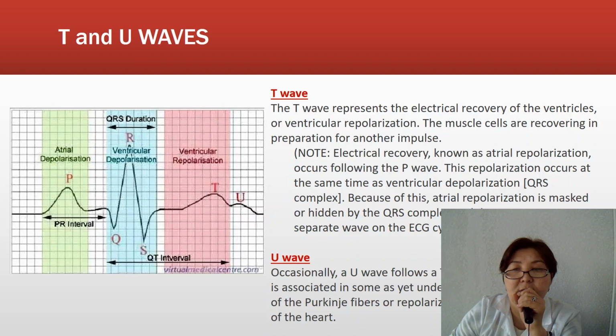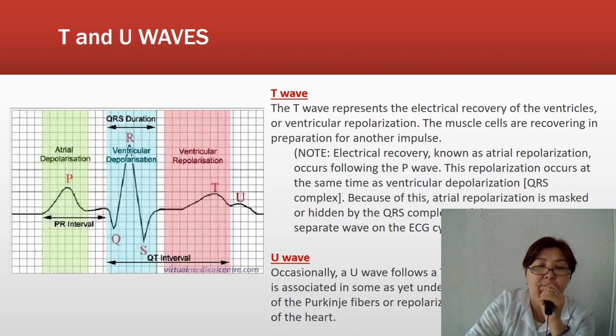This repolarization occurs at the same time as ventricular depolarization, the QRS complex. Because of this, atrial repolarization is masked or hidden by the QRS complex and does not appear as a separate wave on the ECG cycle.